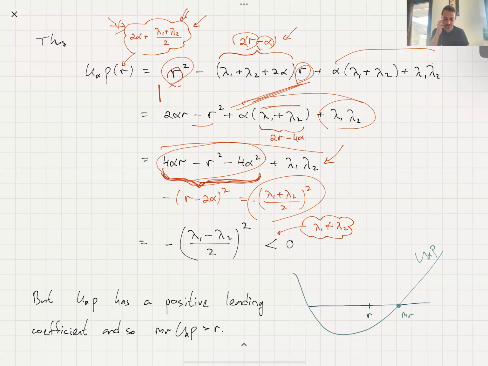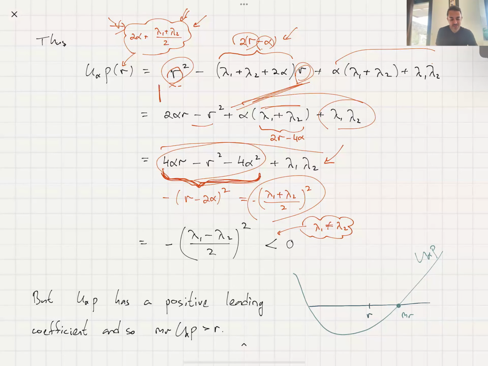Like it's a plus b squared, a minus b squared, stuff like that. The thing about this is that because lambda 1 is different than lambda 2, because we assume that's the case, because otherwise it was the moreover part, then this is not only non-positive, it's actually negative. Right? You have a minus of something which is non-zero squared.